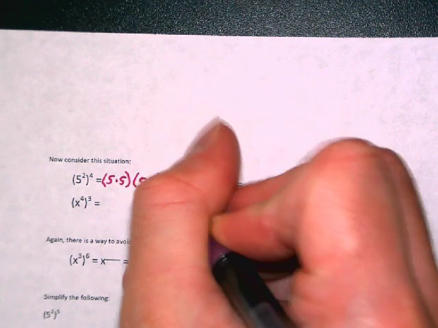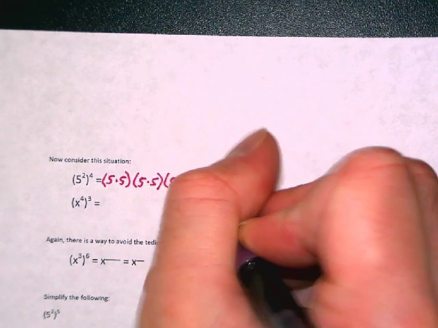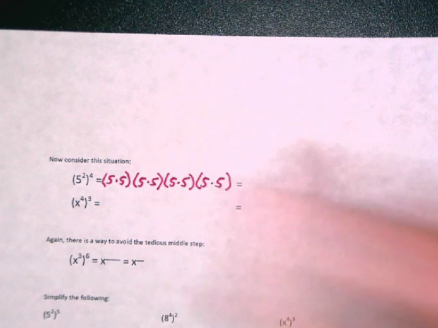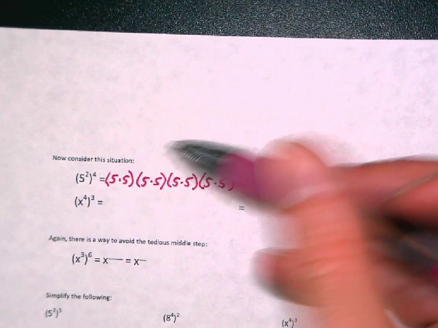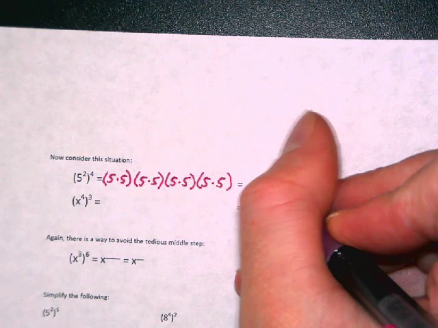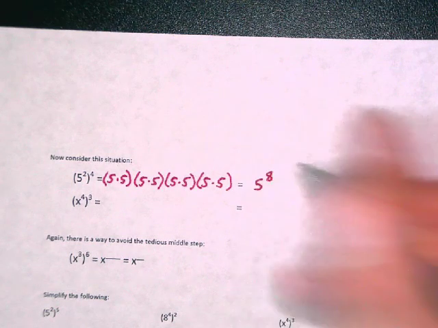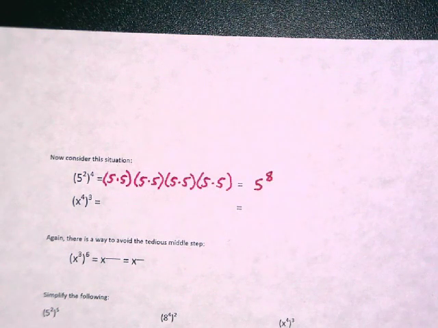So 5 times 5 times 5 times 5, 5 times 5, and 1 more, times 5 times 5. So if you count up the number of 5s there, how many have? 8, yeah. So that becomes 5 to the 8.